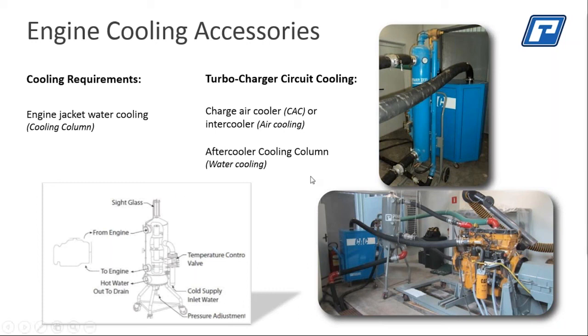And what you're seeing in this picture is what we call a CAC, or a charge air cooler, that is located over here, which is connected to the engine turbocharger, both the inlet and the outlet of the turbocharger. The purpose of this is to cool the air prior to entry into the inlet manifold of the engine. So we're taking the air that's heated by the turbocharger, cooling it down, and then presenting it back to the intake side of the engine.